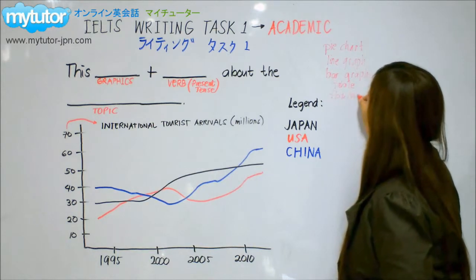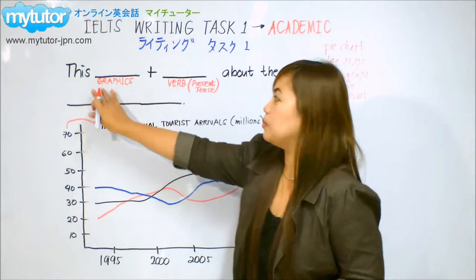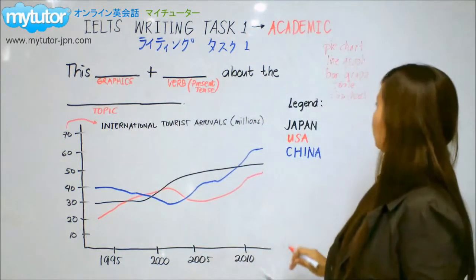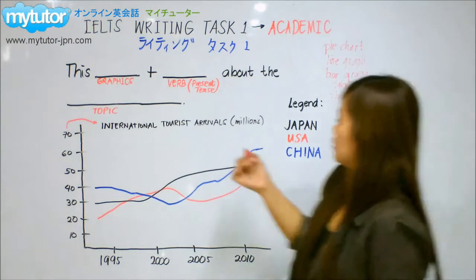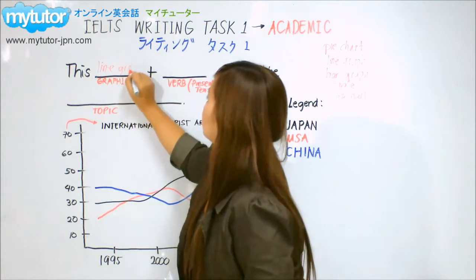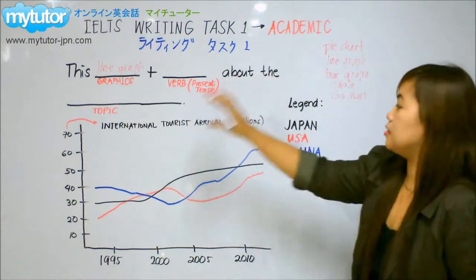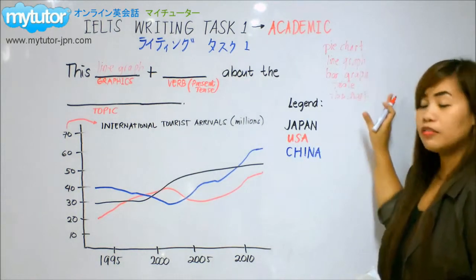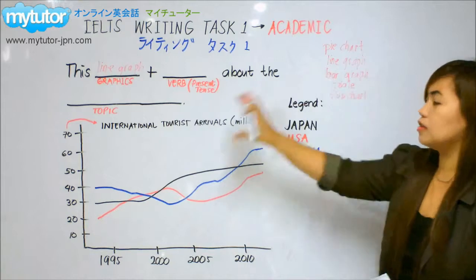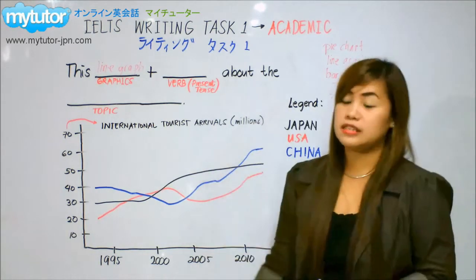So this is what you're going to fill in here. In this case, this is a line graph, so we are going to say this line graph. Or you can say this pie chart, this bar graph, this table, or this flow chart. It depends on which one you get.